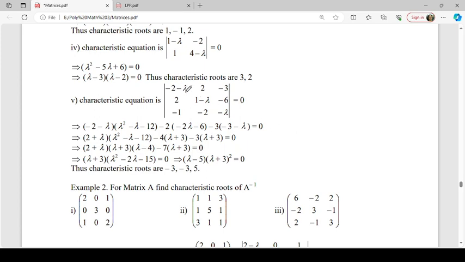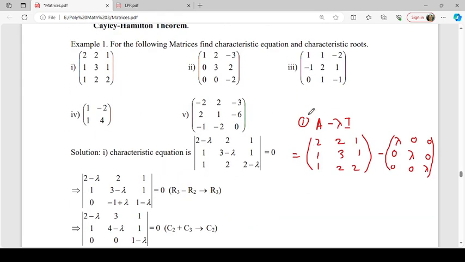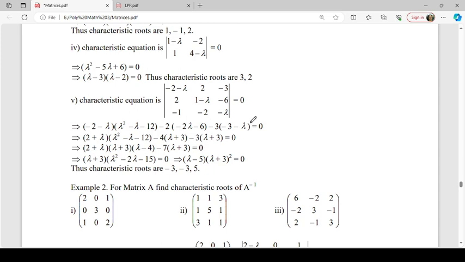Then this is again 2 minus lambda. For number 5: minus 2 minus lambda, 1 minus lambda, 0 minus lambda. This is something complicated, so you factorize and simplify it. Then you find a common factor.